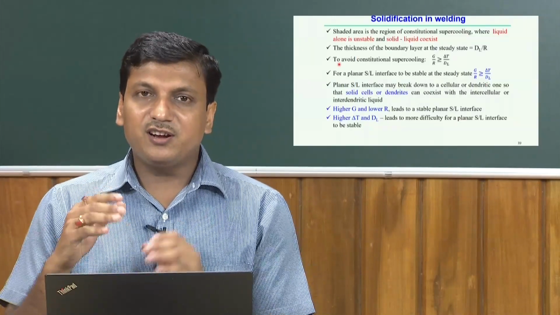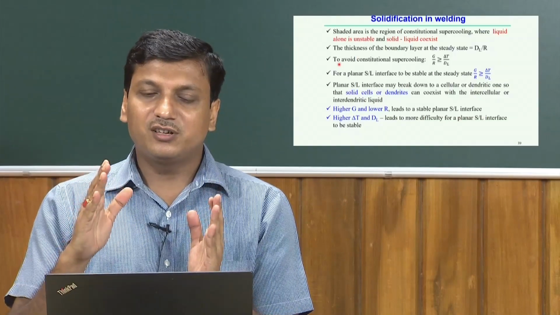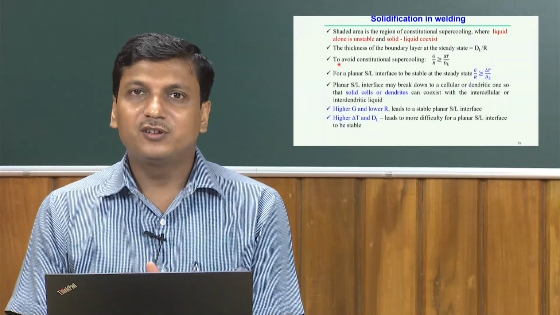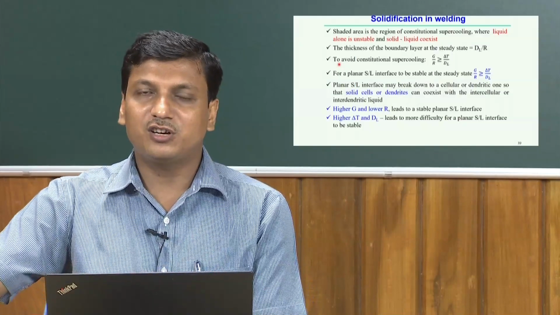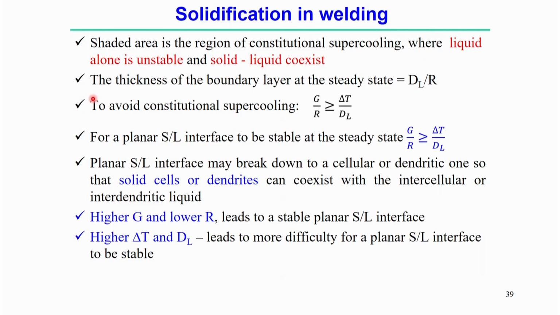That means the planar solid liquid interface is stable if there is no constitutional supercooling, just opposite to the condition of avoiding constitutional supercooling. So, in that sense, G by R greater than or equal to delta T by DL represents the stability of the planar solid liquid interface.